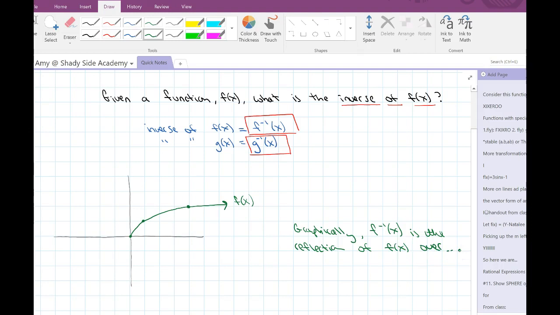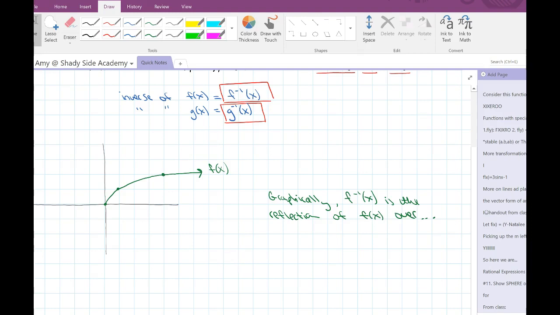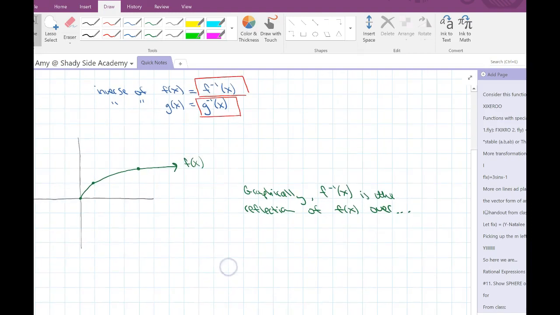We've talked about reflecting functions before. We've talked about reflecting a function over the x-axis and over the y-axis. But in the case of functions and their inverse, the inverse of a function is the reflection of f of x over a particular line, and that line is y equals x. So this is a really important point, okay?